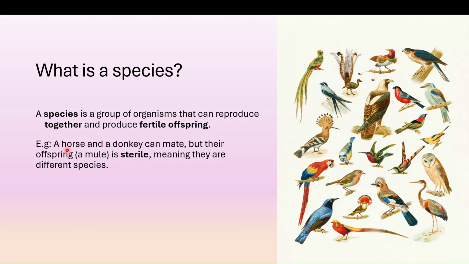So for example here, a horse and a donkey can mate, but their offspring, a mule, is sterile. So that means that they are different species. So when we check if two organisms are the same species, we can ask, can they reproduce and make an organism that can also reproduce?